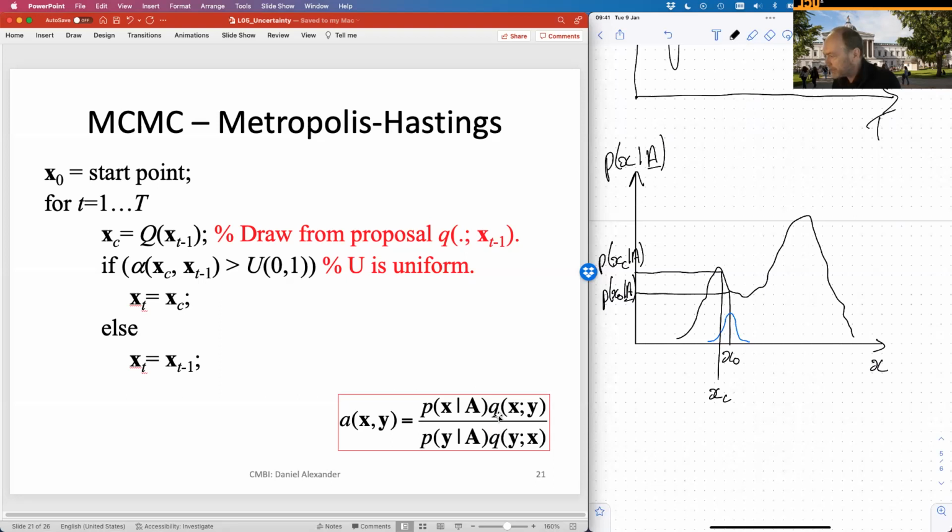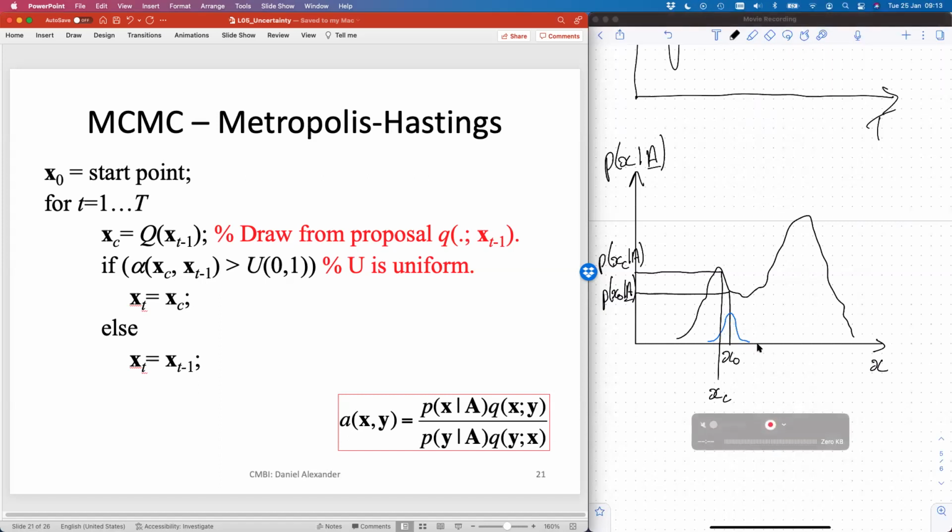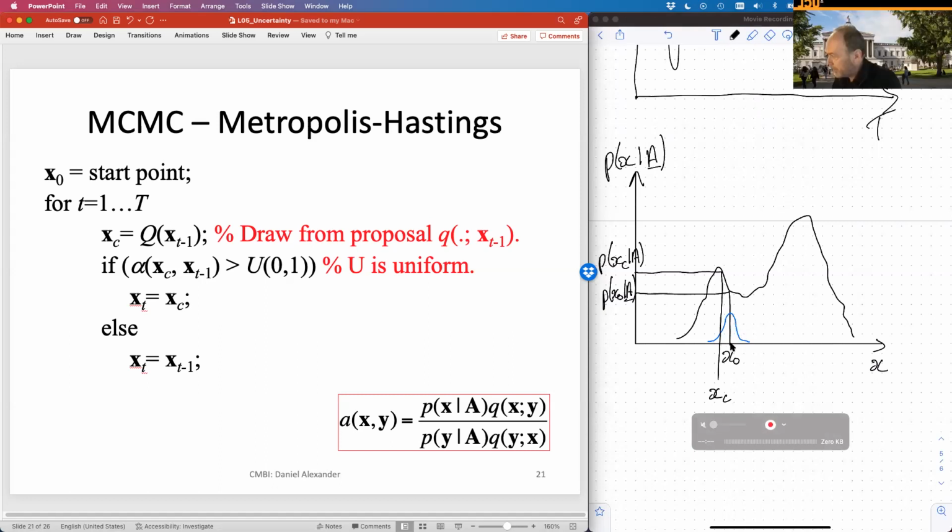Just going back to these factors of Q. Let's think about what this says here. This is the likelihood of jumping from position X to position Y, so the choice of candidate from the current position, whereas on the bottom we've got the opposite, the likelihood of jumping to position Y from position X. And so if we've got a nice, simple, symmetric distribution like this, then the likelihood of jumping from X0 to XC is the same as the likelihood of jumping from XC back to X0.